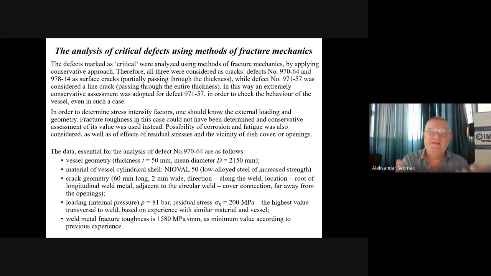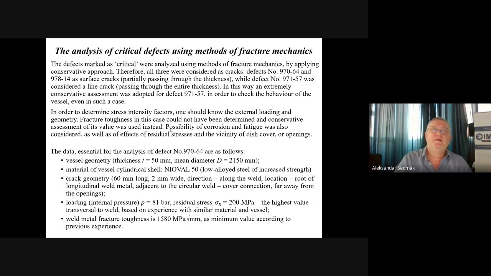So by this fortunate circumstance, we actually had reliable and conservative data about fracture toughness of the most critical regions in welded joints, and these are heat affected zone, and then to some extent weld metal itself.